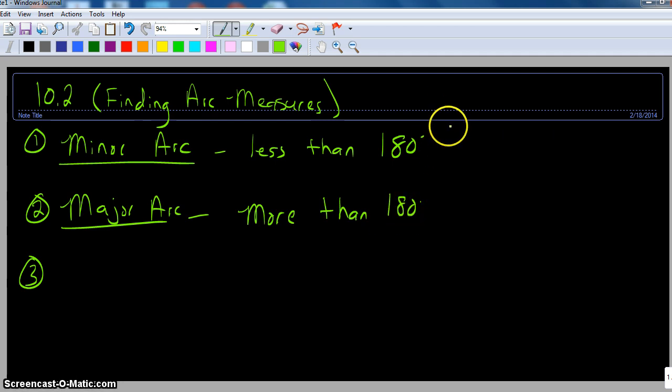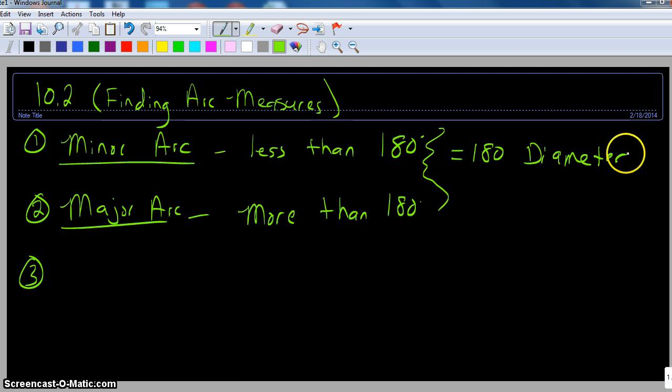And how do you get it to be equal to 180? That would be a diameter. Why? Because a diameter cuts a circle in half, which makes a semicircle, and a full circle has 360 degrees, and if you cut it in half, that gives you 180.